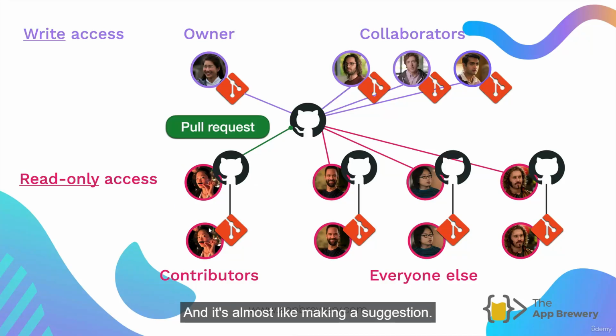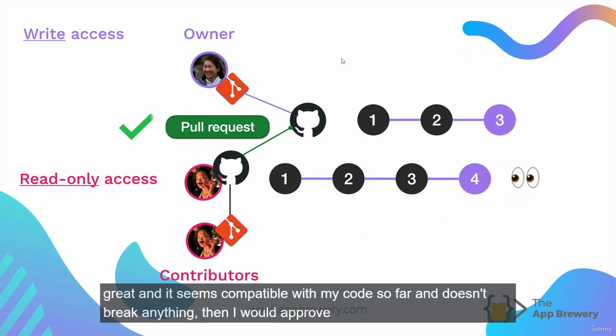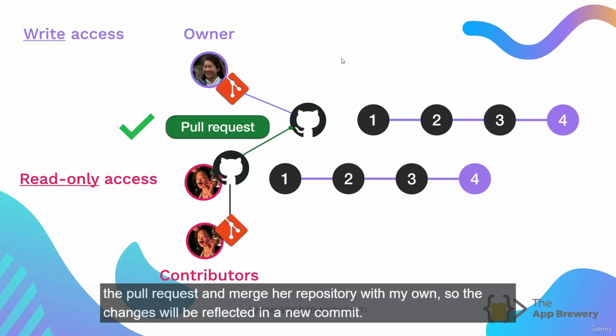Everyone else only has read-only access, except the collaborators, the trustworthy people to whom we can give read and write access. So you can see whenever the author accepts this, the commits the contributor made will be merged with the author's as well.